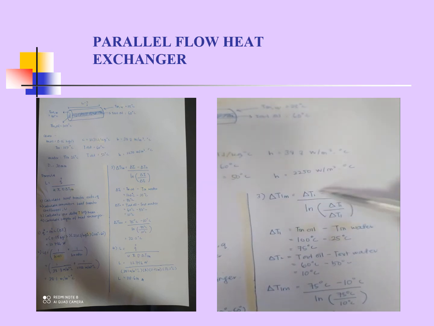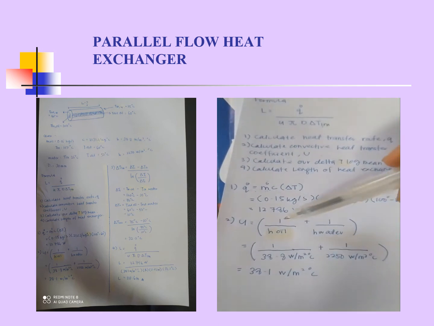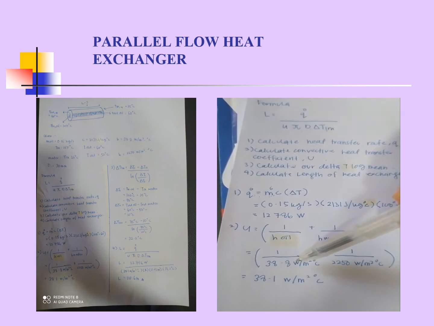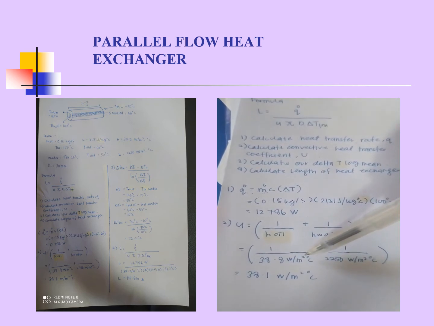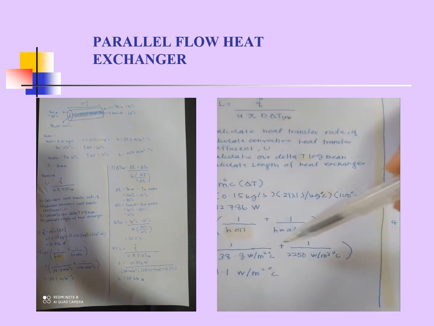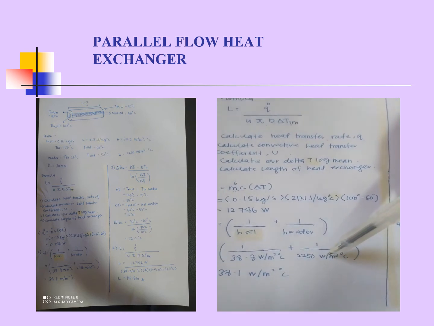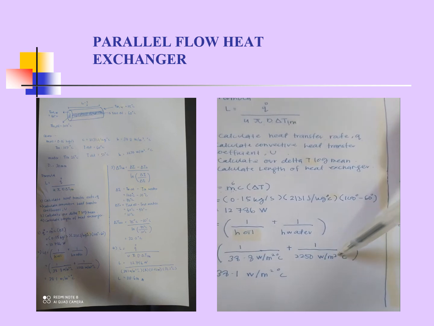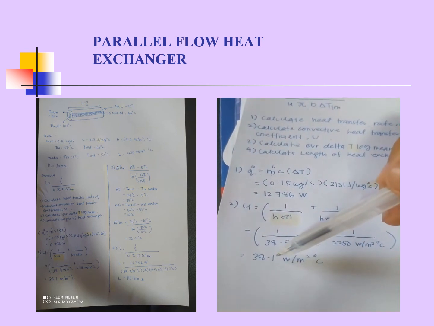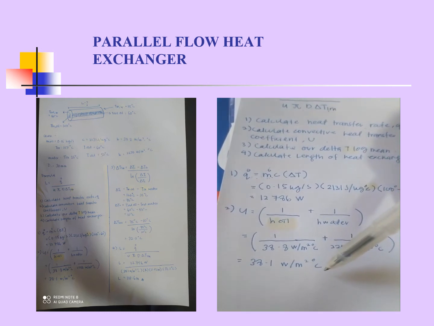So we put this information in the formula. 1 divided by 38.8 watt per meter square degree Celsius plus 1 divided by 2250 watt per meter square degree Celsius, and the answer is 38.1 watt per meter square degree Celsius.